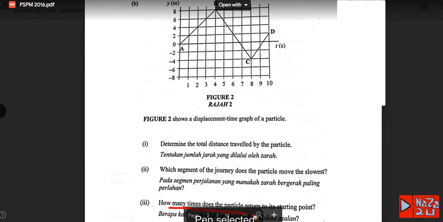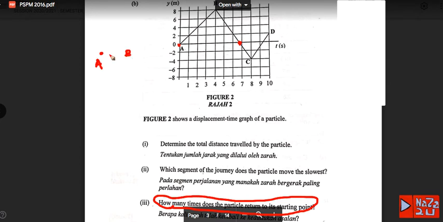Continue to number 3. How many times does the particle return to its starting point? We start at point A here, and if you look at the graph, from A to B, and if you look at the position here, we have 2 times the particle returns to the starting point.